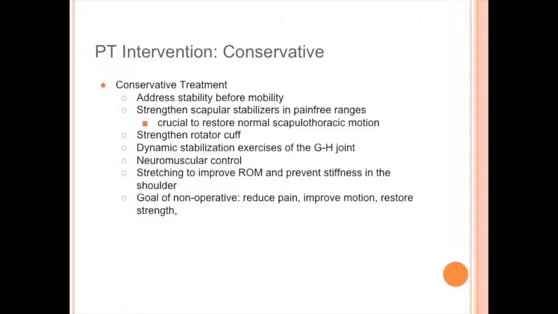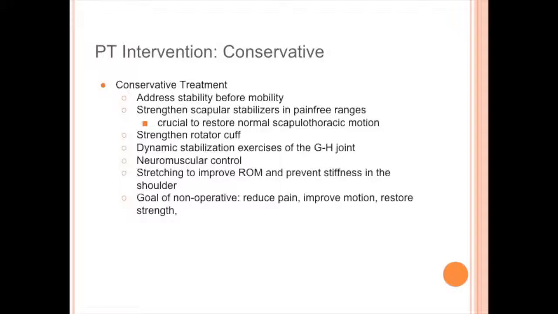If the patient does not get surgery and goes straight with conservative treatment, the main thing you want to do is address stability before mobility. You want to strengthen the scapular stabilizers in pain-free ranges. It's very crucial to restore normal scapulothoracic motion.